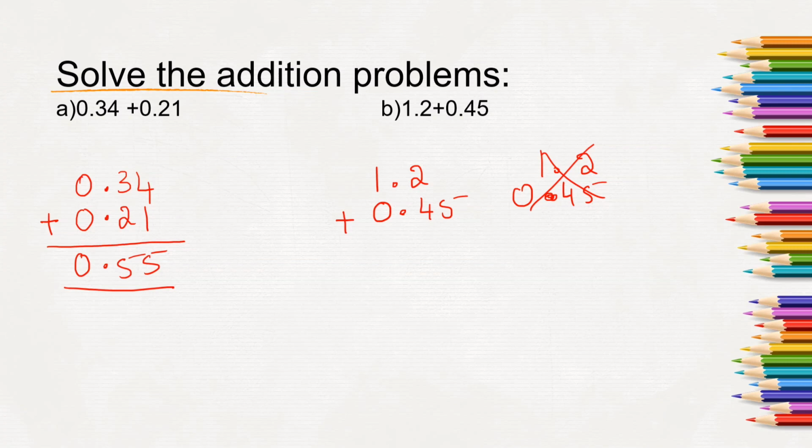Below the decimal point only, we have to place the next number's decimal point. Now here, if you want, you can add 0 next to the 2. 0 plus 5 is 5 itself. 4 plus 2 is 6. And the decimal point as it is. And then 1 plus 0 is 1. So the answer is 1.65.